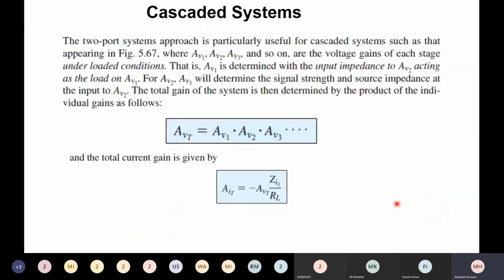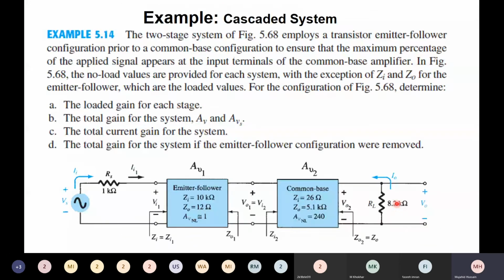Now the example of this cascaded system: this is a two-stage amplifier in which one is the emitter follower configuration and the other stage is the common base configuration. Input impedance, output impedances, and the no load voltage gains are given for each stage. The load is connected at the output of the last stage, and input is given to the first stage.